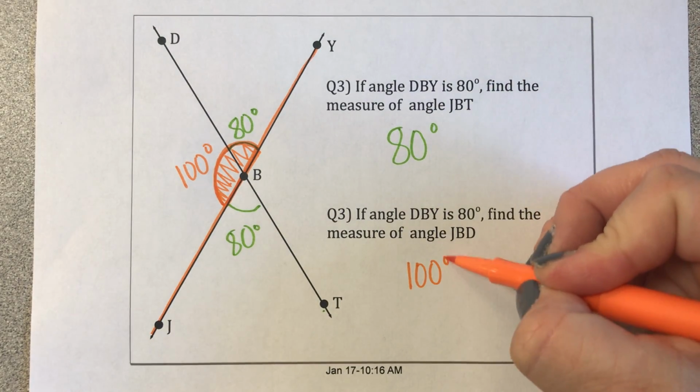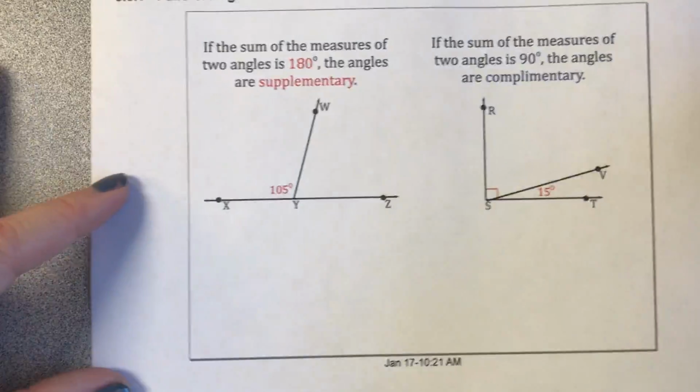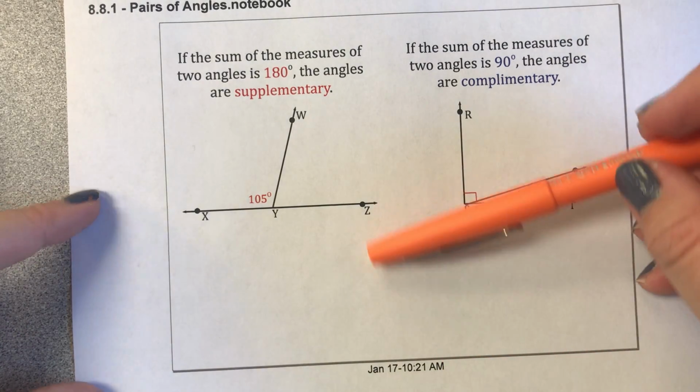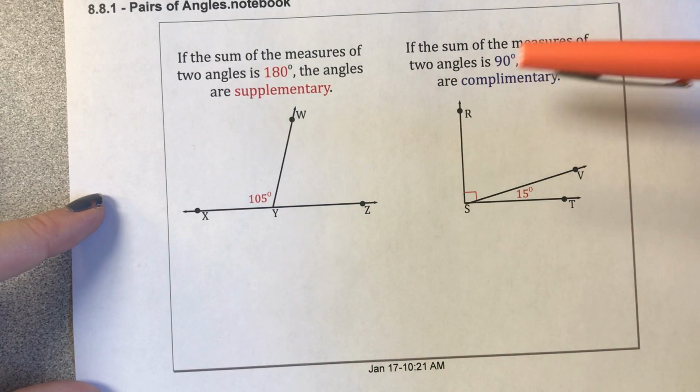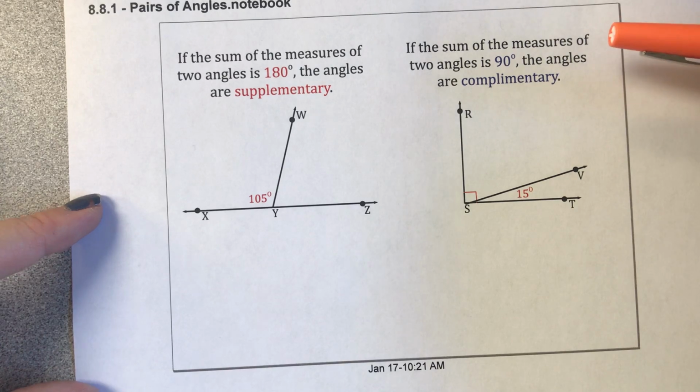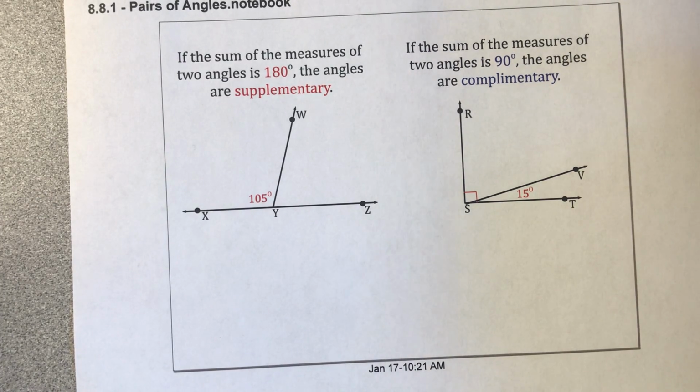So if you look at your next slide, we can talk about what that is called. That is called supplementary. If the sum of two angles is 180 degrees, the angles are supplementary.